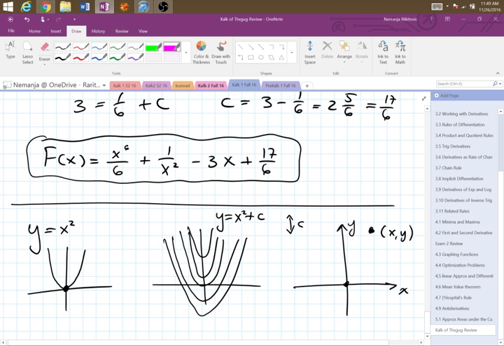So that's why you are able to find the particular solution out of infinitely many solutions, because you had this one point. You know how the graph looks, and all you need to do is shift it up or down so it fits through that one point.